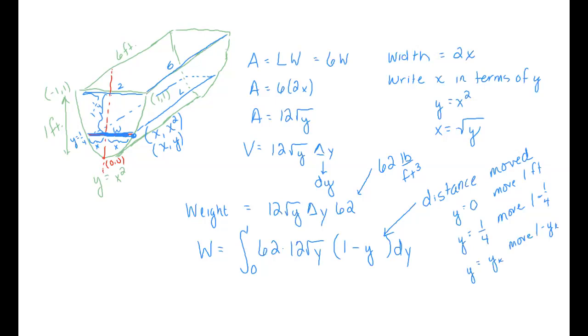Other things would have changed as well, but this factor would have been 3 minus y because we've got to get all the way up to the 3-foot mark, and then we're subtracting the level we're at already. So it's just a distance between two y values. And to find a distance between two y values on a vertical line, you can just subtract them. And there's our setup.